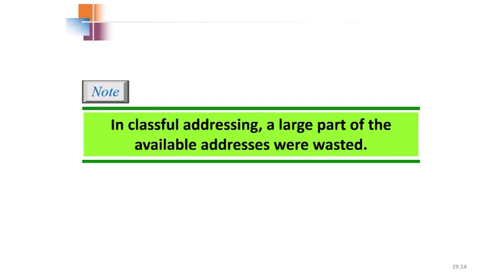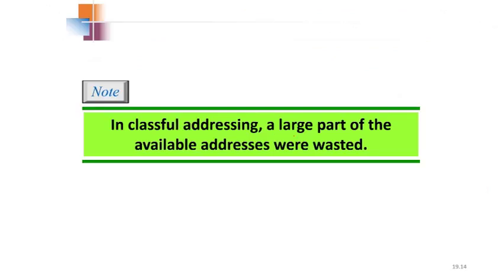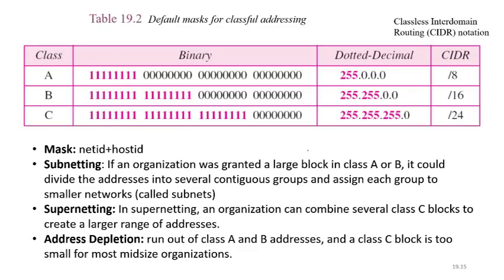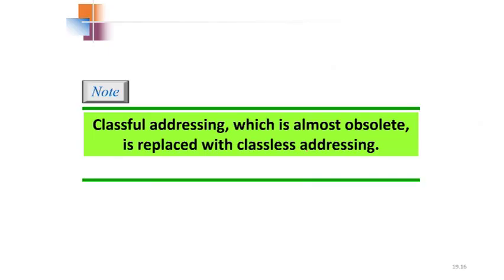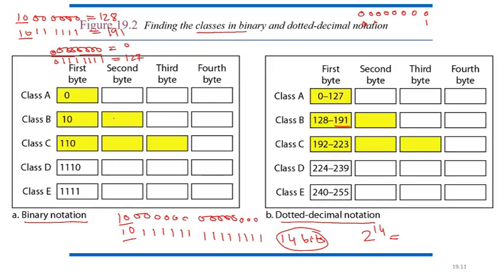But there are some disadvantages to classful addressing. In classful addressing, a large part of the available addresses was wasted. How is it wasted? You can just see here, this 0 is always fixed. If 0 is fixed, we are going to waste a large range of the addresses.